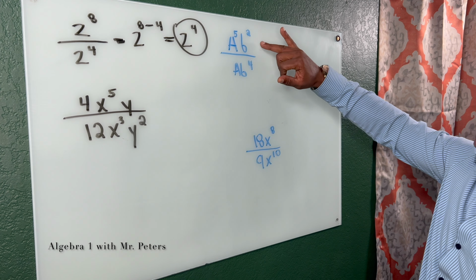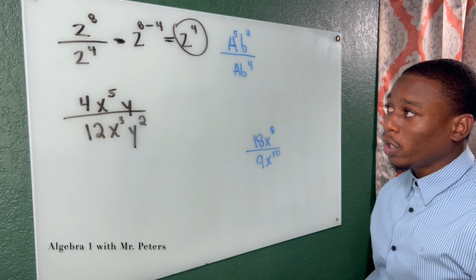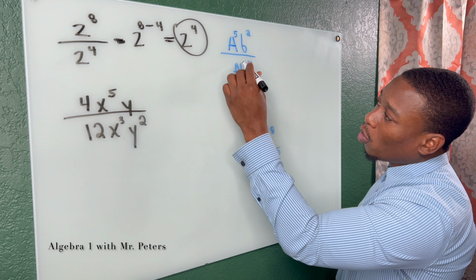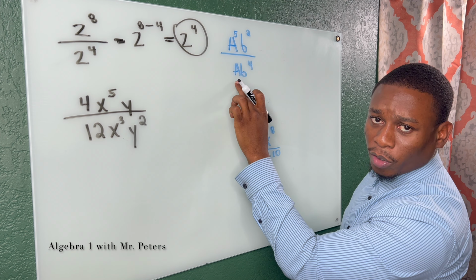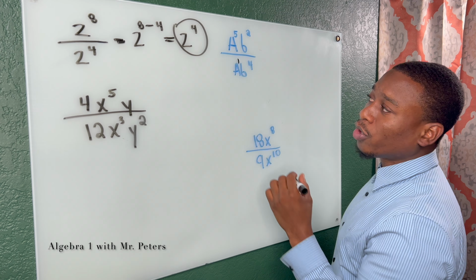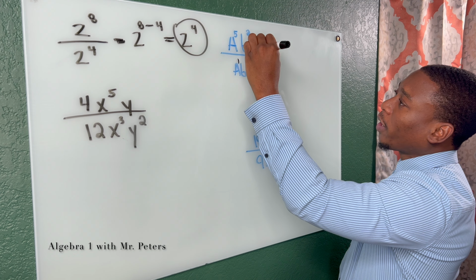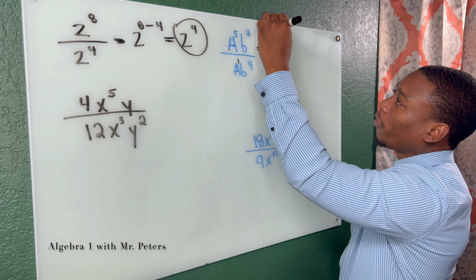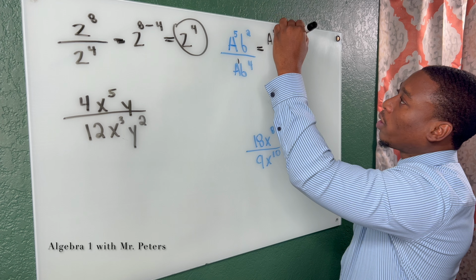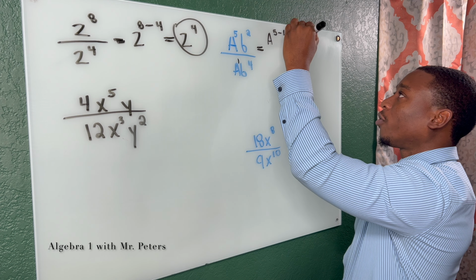Now, when we go over to problem number 2, first thing we need to understand is that if there is no exponent, like there's no exponent over a, there's always an understood 1. So when I go ahead to solve, I have a to the fifth power minus 1, which will give me a to the fourth power.